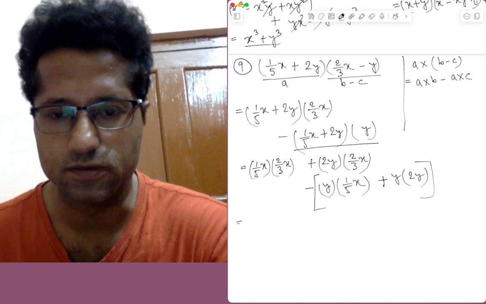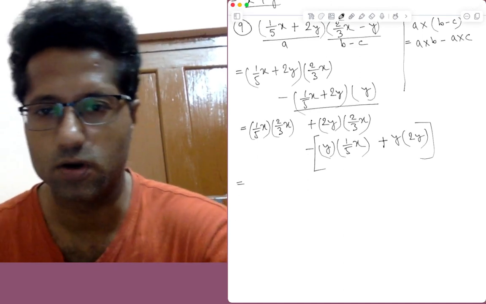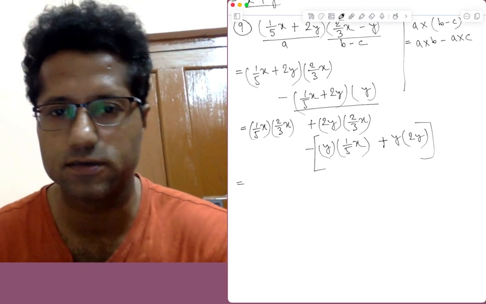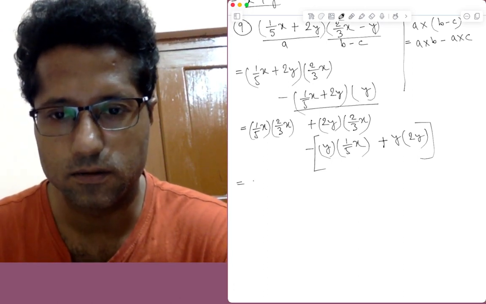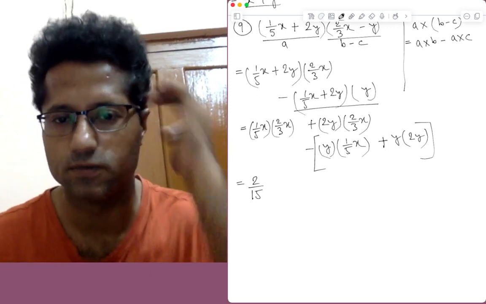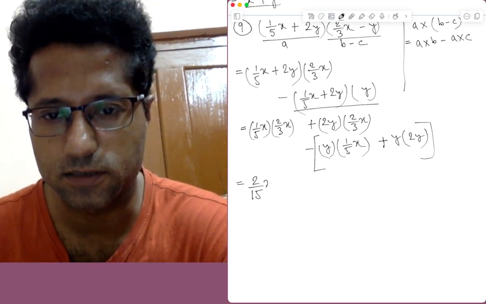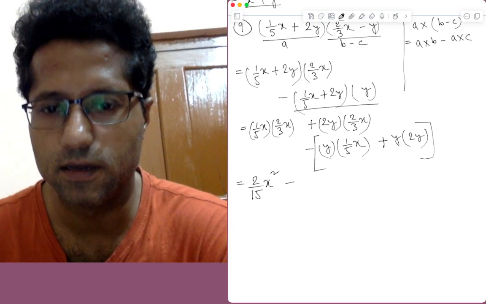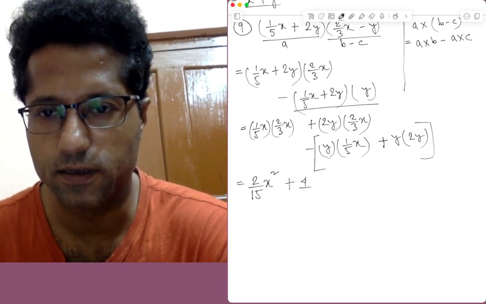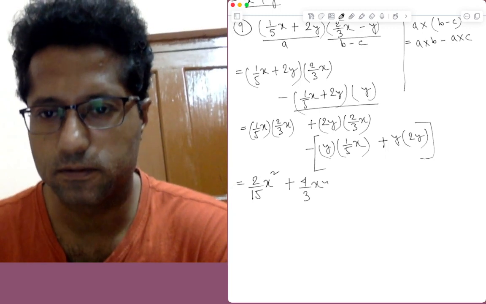Now if we simplify the product of the monomials, 1 by 5x multiplied by 2 by 3x is nothing but 2 by 15. We multiply the coefficients 1 by 5 and 2 by 3, and x into x is x square. Similarly, the second one becomes 4 by 3 xy.